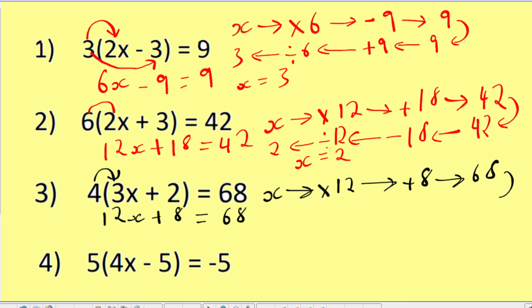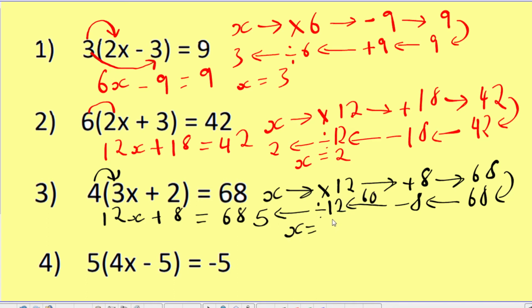Okay, let's reverse it. We've got 68. We're going to be taking 8. We're going to be dividing by 12, and that's going to give us x. So 68 take 8 is 60. If you want to write that there to help you, 60, and then 60 divided by 12 is 5. So x is equal to 5.